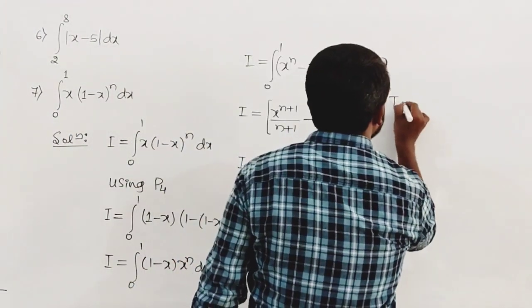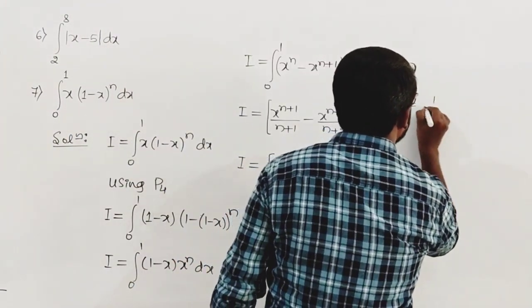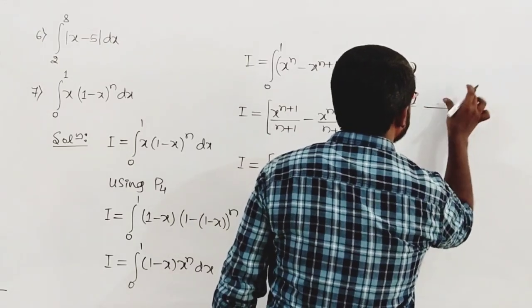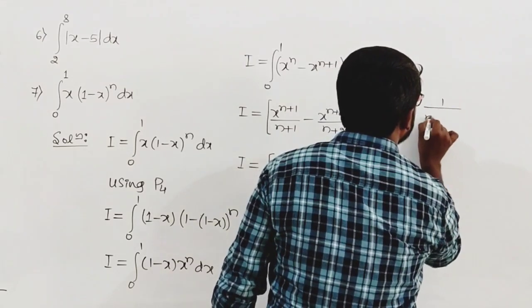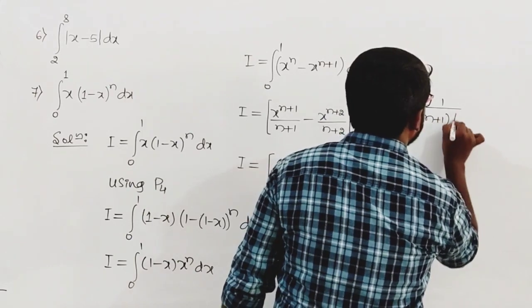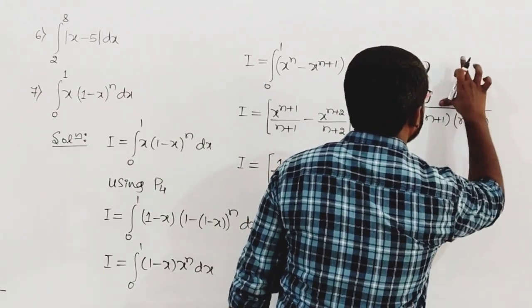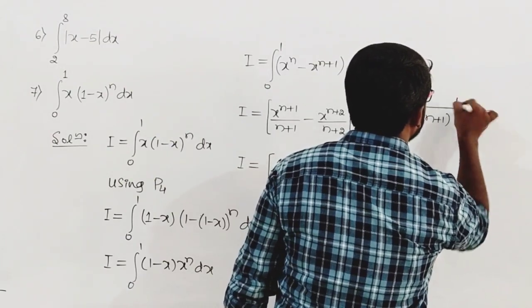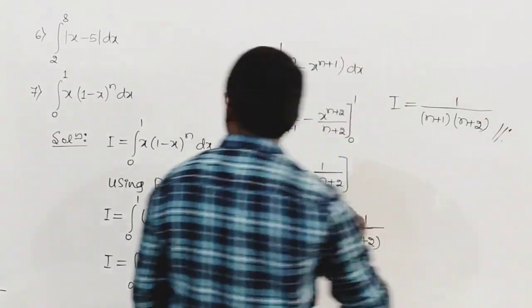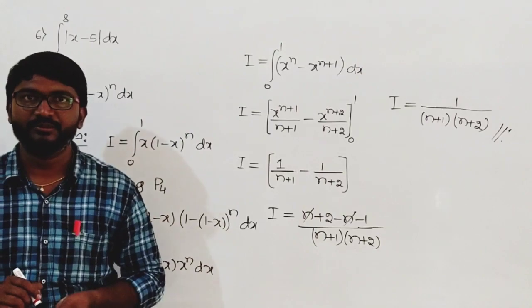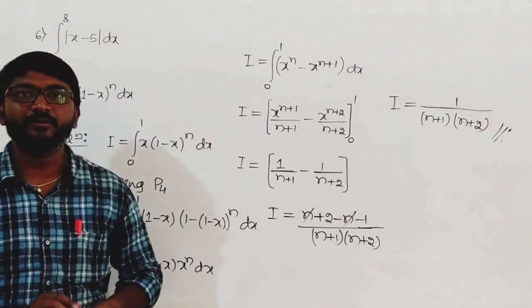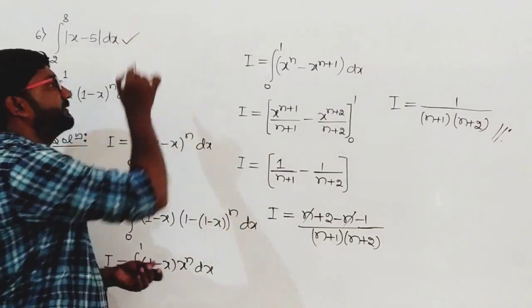So the final answer is I is equal to 1 divided by (n plus 1) into (n plus 2). So this is the answer for the 6th problem. Sorry, this is the answer for the 7th one. So I have given the 6th as an assignment.